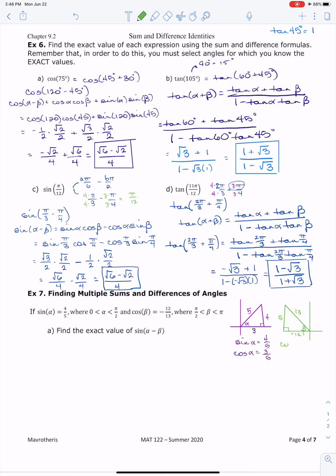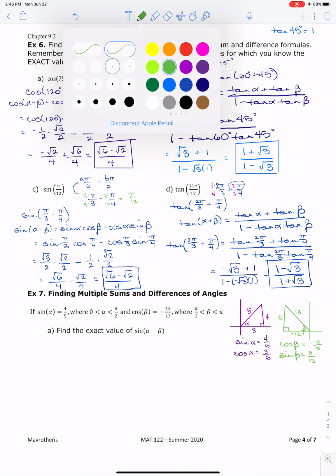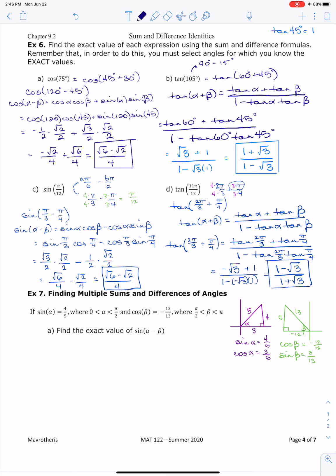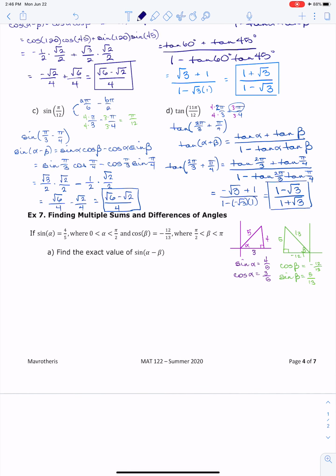What do we have here? Cosine of beta, negative 12 over 13. It should be. That's what they told us before. And our sine of beta is now 5 over 13 for this angle. These two angles do not have to be in the same triangle. They probably will not. That's perfectly fine. We just need the values of sines and cosines.